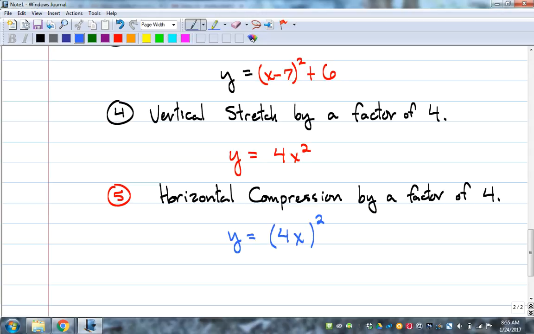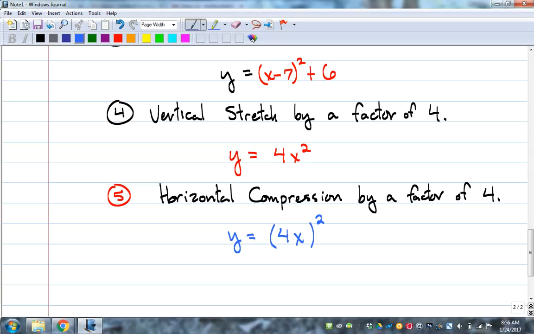What does this work out to be? 16x squared. So the graph with the horizontal compression looks the same as a vertical stretch by a factor of 16. When you look at a graph, it's hard to tell which one's going on, but with the equation, it's obvious.